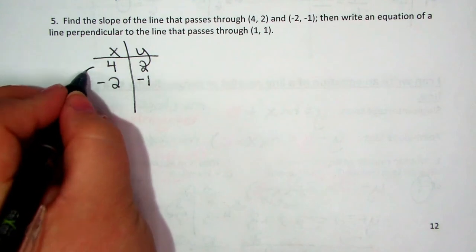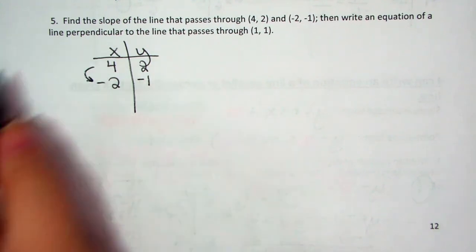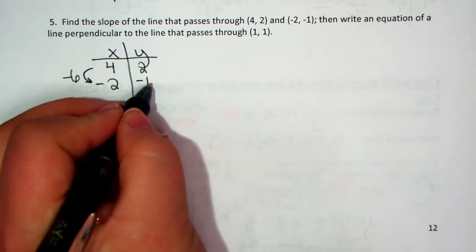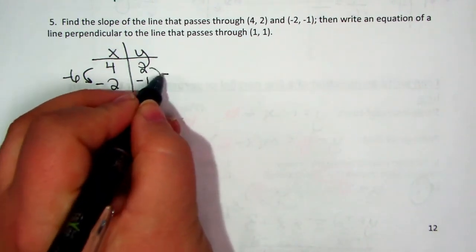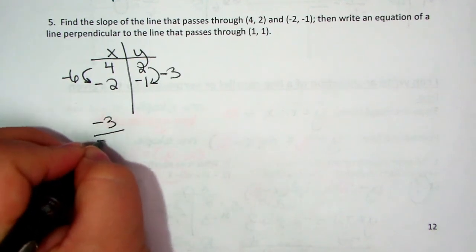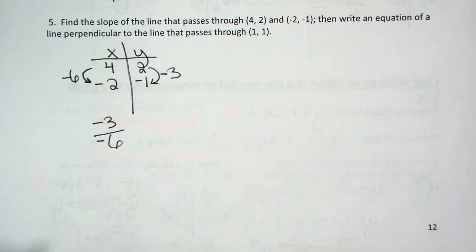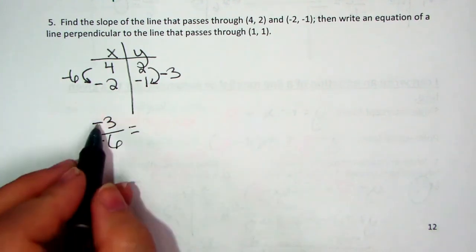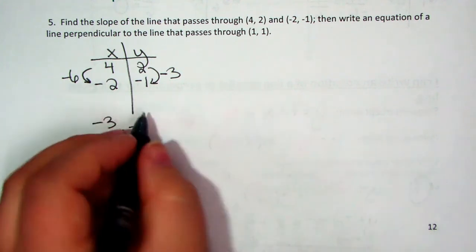4 to negative 2 means I went down 6. 2 to negative 1 means I went down 3. The y goes on top. Why? Because I said so? Not really. It's because it's rise over run. Negative 3 over negative 6 becomes 1 over 2.